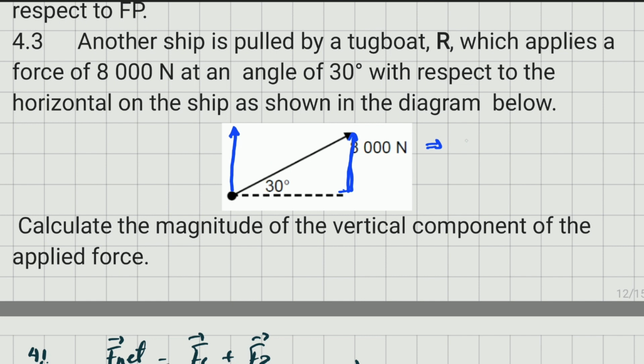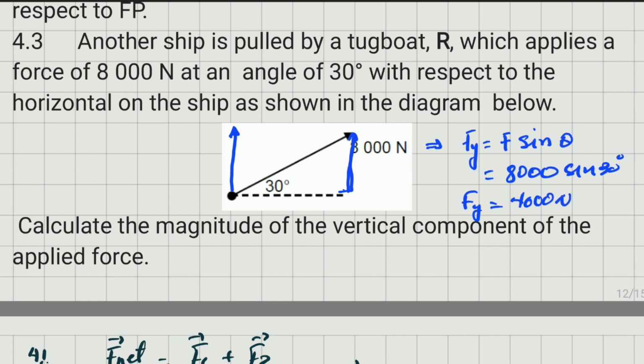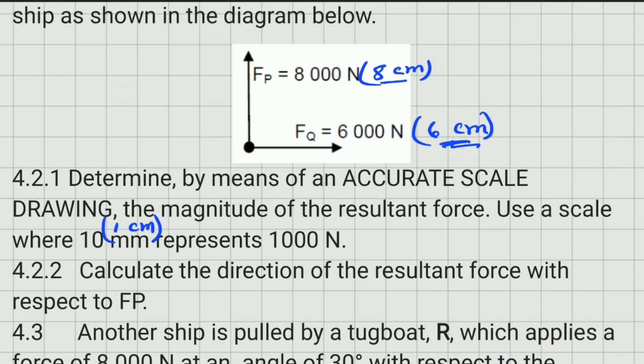So F in y is going to be equal to F multiplied by sin theta, which is equal to 8,000 multiplied by sin 30 degrees, and the final answer is going to be 4,000 Newton. That is the final answer here for this specific question, and that is the end of this question.